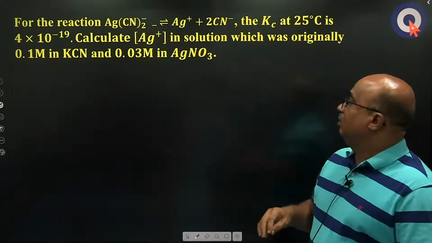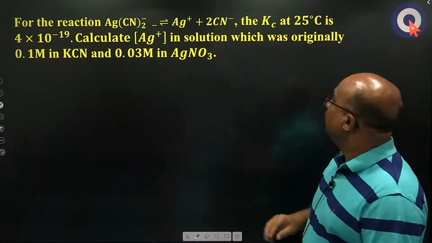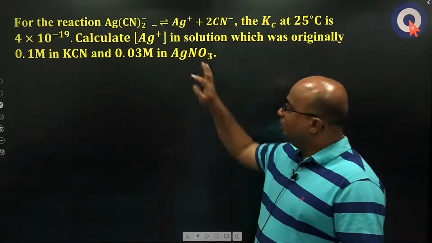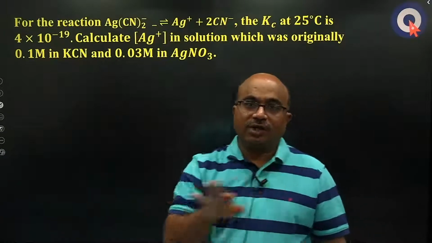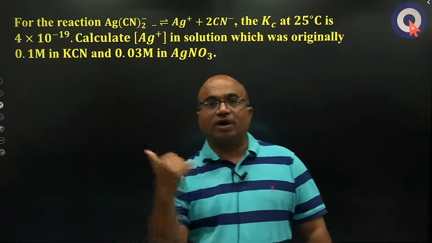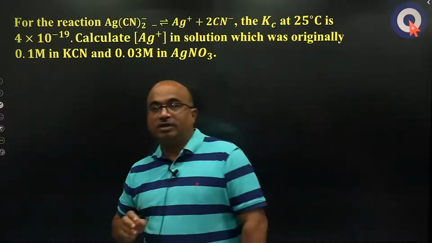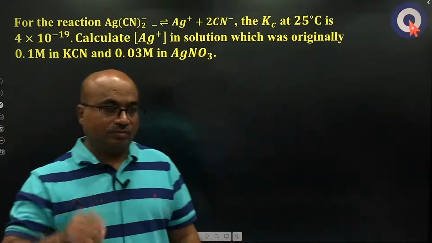So there is an AgCN2 complex with Ag plus and 2CN minus, maintaining, let us say, a dissociation constant. So for any complex formation, their equilibrium constants will be very, very high. Their dissociation constants are always very, very low.